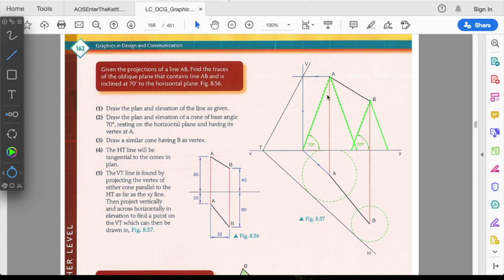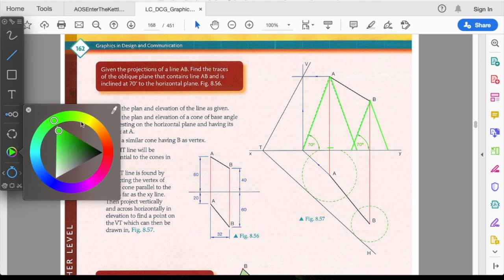You know then that if you put a plane up against the first cone and the second cone, just resting up against the two of them, it has to be at 70 degrees. The reason that both are 70 is because that's what the oblique plane is inclined at. So I have two cones at 70 degrees.